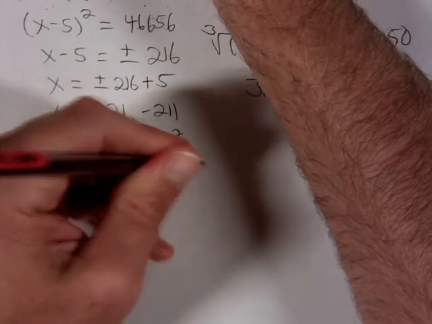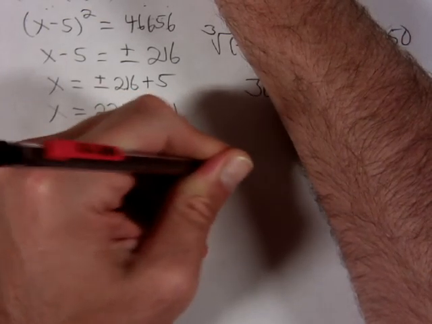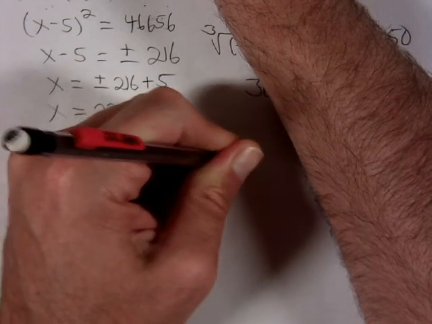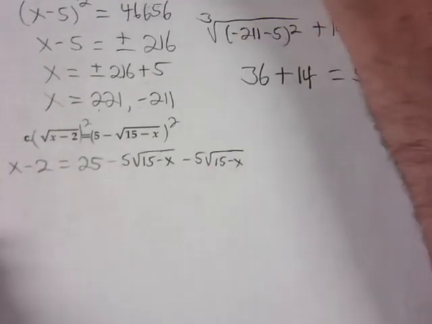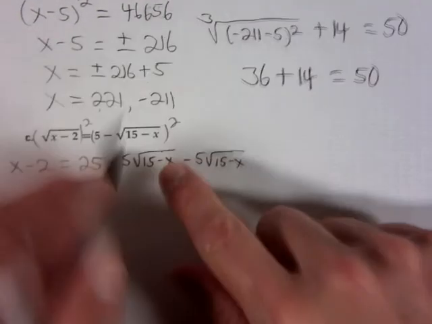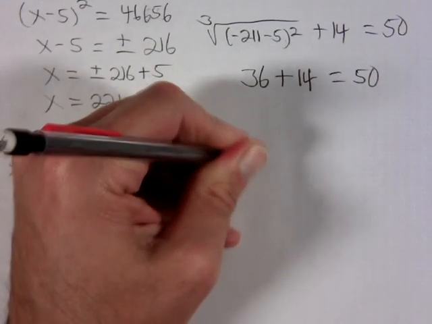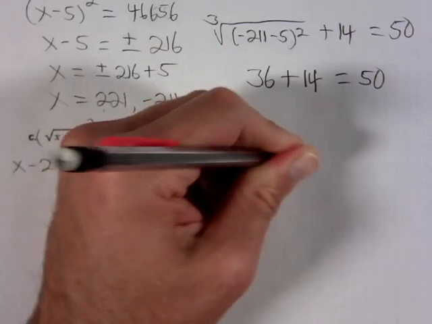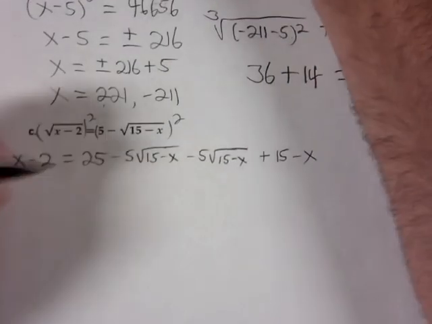Minus another 5 square root of 15 minus x. And then if I multiply this radical times itself, that'll just square itself out and make plus 15 minus x.